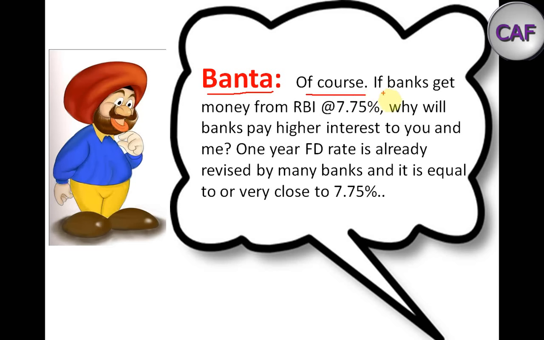Of course, if the bank gets money from RBI at the rate of 7.75%, why will the bank pay higher interest to you and me? The 1 year FD rate is already revised by many banks and is equal to or very close to 7.75. It's all about the mechanism.